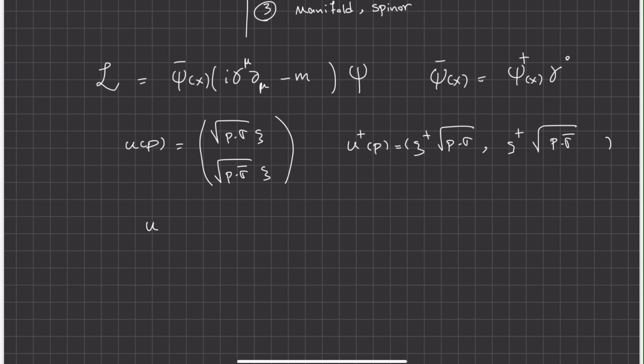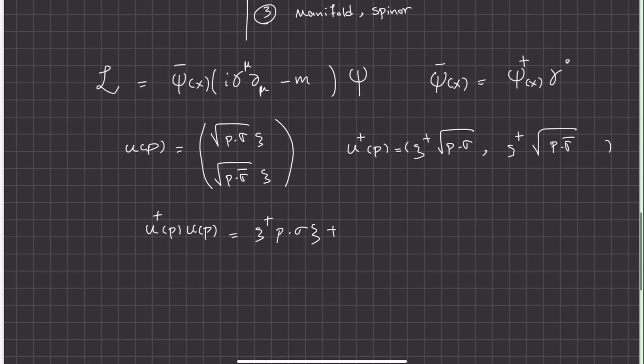Then u dagger p times u of p is just something like an inner product to get a scalar out of these two vectors: psi dagger p dot sigma psi plus psi dagger p dot sigma bar psi.